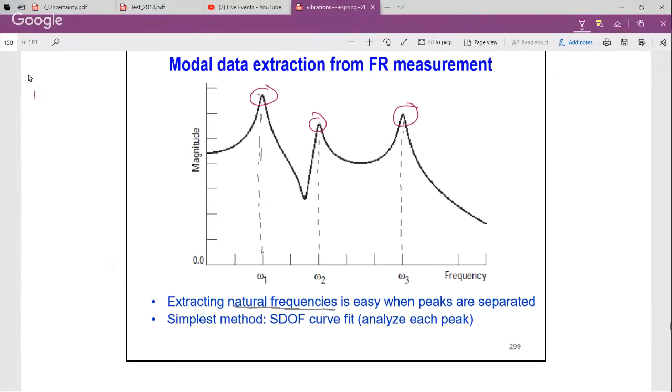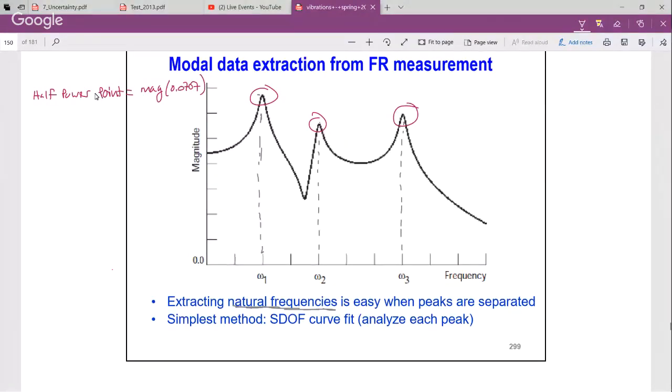So in this case, if the peak is 10 in linear units, not dB, then we would multiply that by 0.707. So the bandwidth would be defined by the range where the magnitude is greater than 0.707 times the peak.